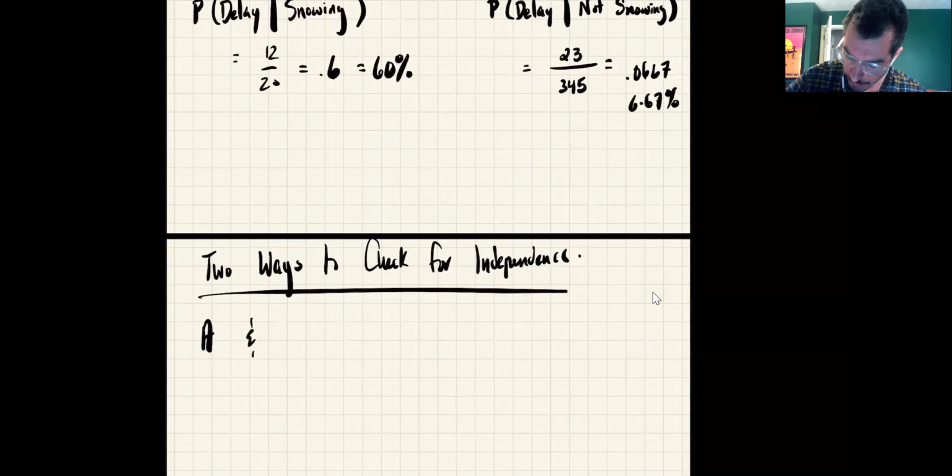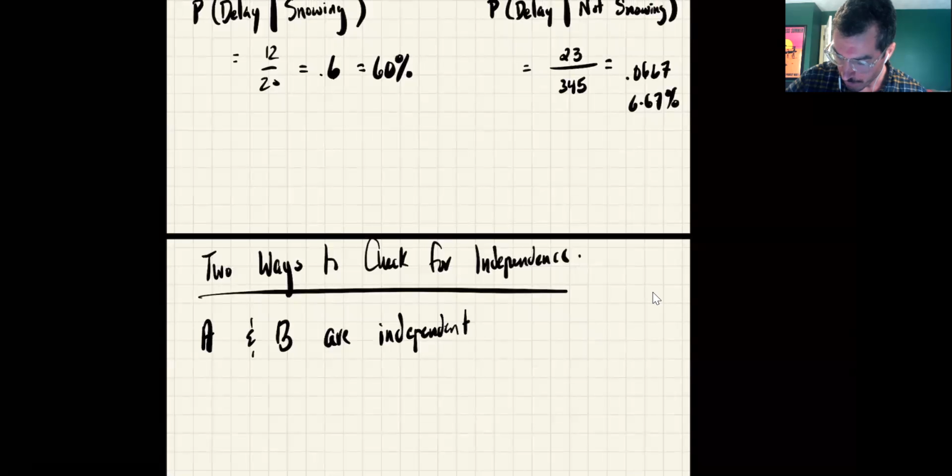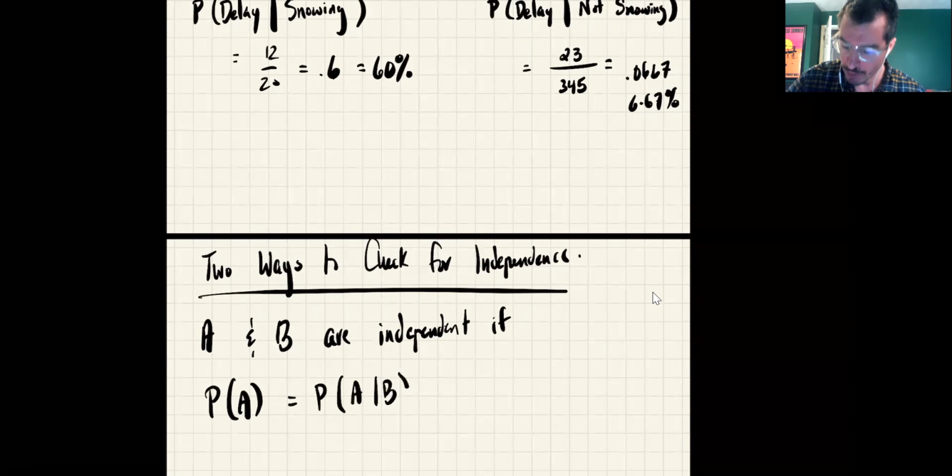A and B are independent if the probability of A is equal to the probability of A given B. If knowing that it was snowing outside didn't change the probability that your bus was going to be late, those two events would be independent.